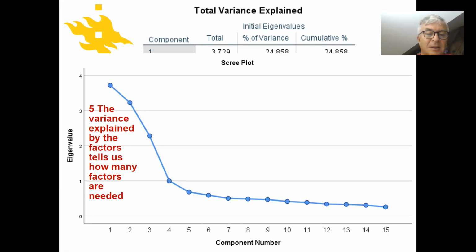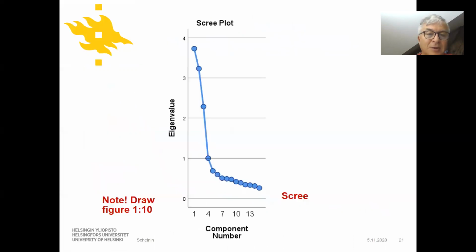However, as I said, Cattell was the guy who invented the scree test, and I'm a stickler for what he said. He actually wrote an article in the 60s, if I remember correctly, explaining how this should be done when he invented the scree plot.